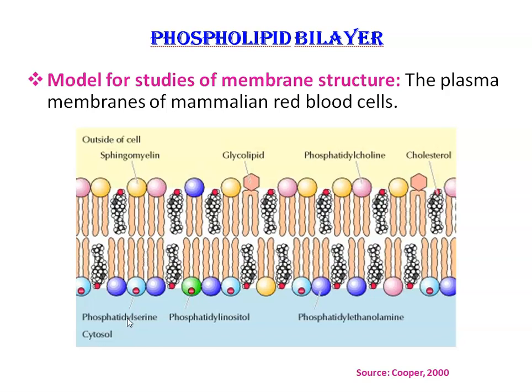Our fifth phospholipid, that is phosphatidylinositol, this part, this green in color, is also localized to the inner half of the plasma membrane. Although phosphatidylinositol is a quantitatively minor membrane component, it plays an important role in cell signaling.